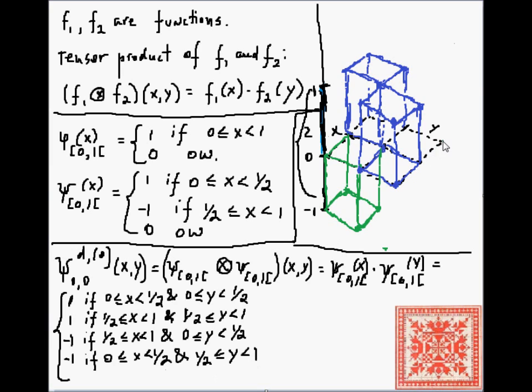Okay, and then that's the top right cube, also going down because the value of the tensor product is -1. Over here as well. And then it's 0 everywhere else. Okay, this is to be continued.